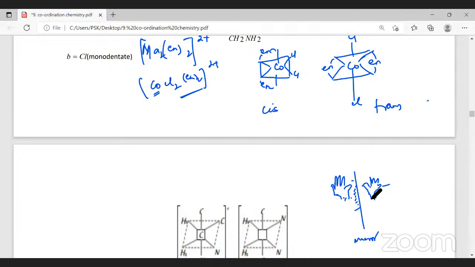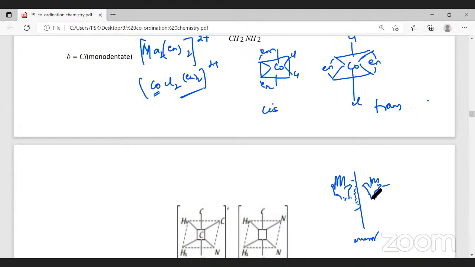They are called as what? Non-superimposable. See, if I keep my left palm in the mirror, it appears like a right palm. But if I keep my left palm over the right palm, are they superimposable? They are not superimposable. So if complexes are mirror images of each other, but they are not superimposable on each other, those kinds of molecules or coordination compounds will exhibit optical isomerism.